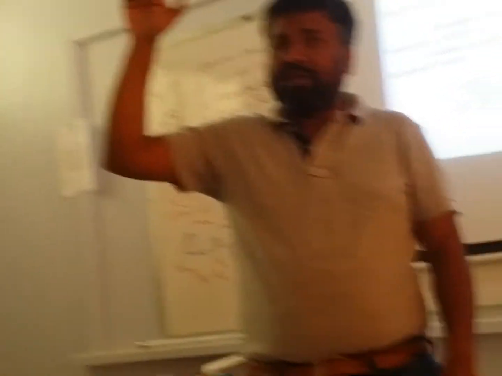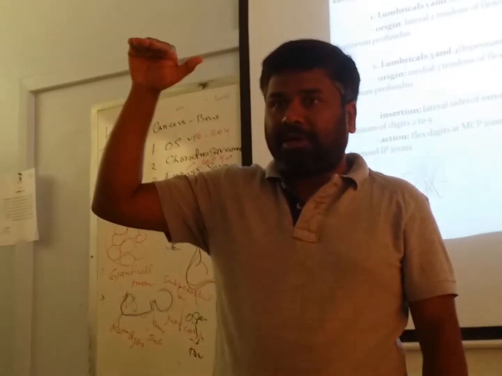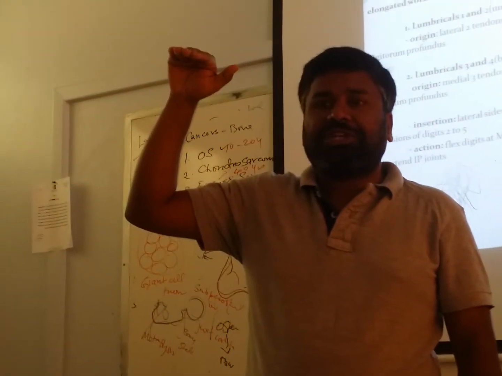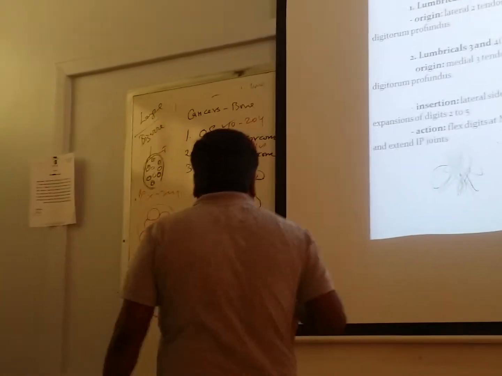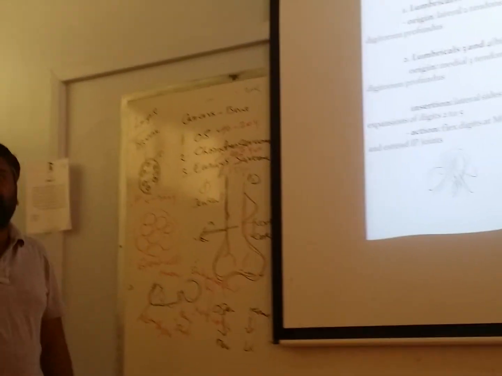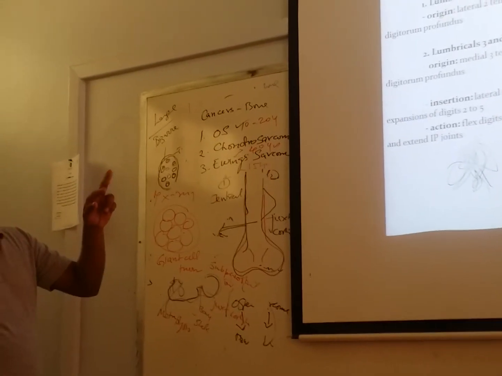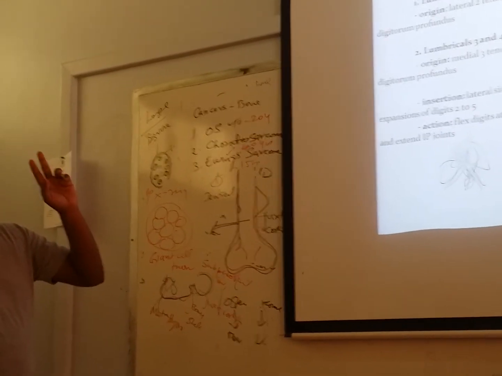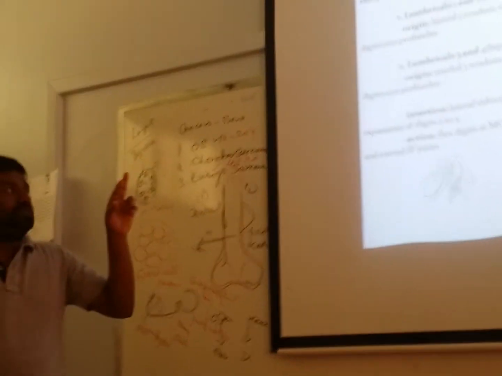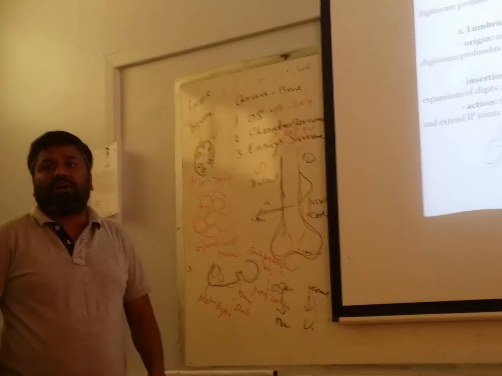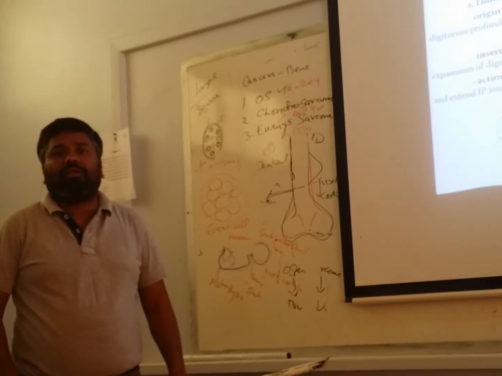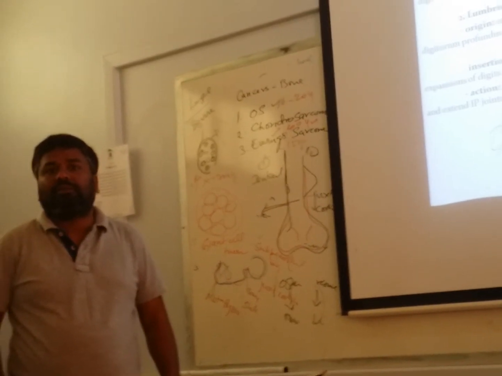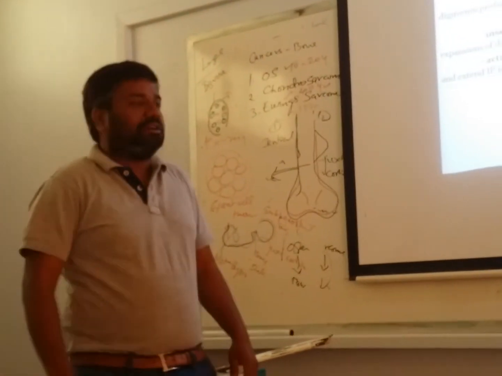This action is by lumbricals. Clear? So how many lumbricals? 4. First and second are unipinnate, third and fourth are bipinnate. These lumbricals arise from the tendons of flexor digitorum profundus.